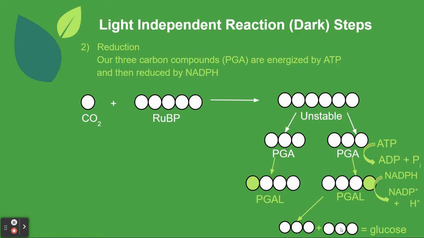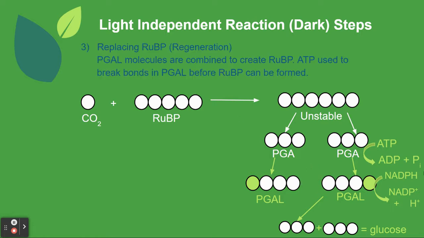But I called this the Calvin-Benson cycle. So we know it has to continue. So what ends up happening is in phase 3, regeneration or replacing RUBP, this PGAL, which did not get to go off and make glucose, has to be recombined and stripped down to make RUBP.